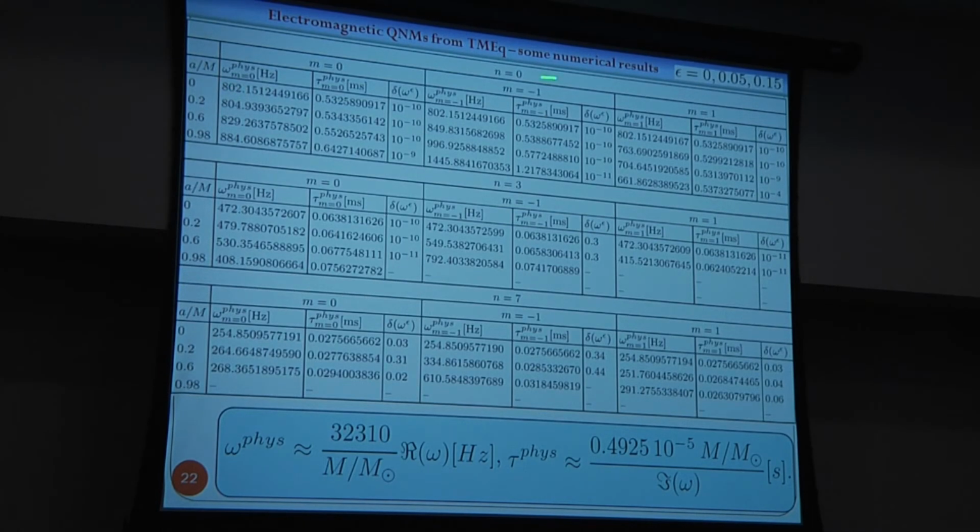You can see the real frequencies for this spectra from some values of this ratio A divided by m and different azimuthal numbers.